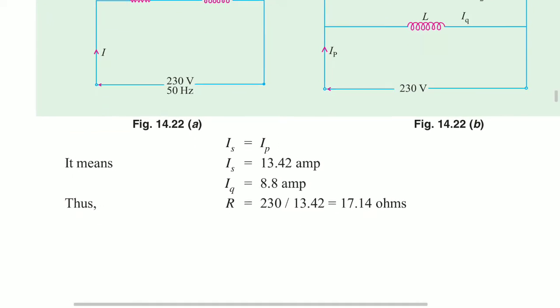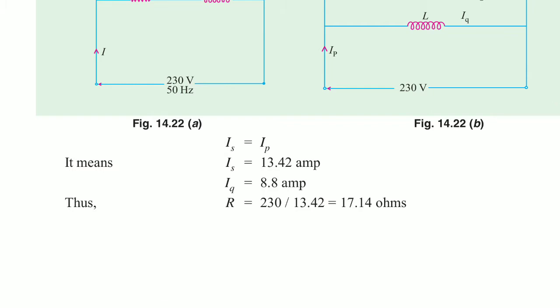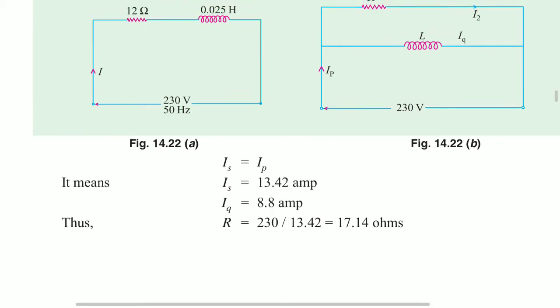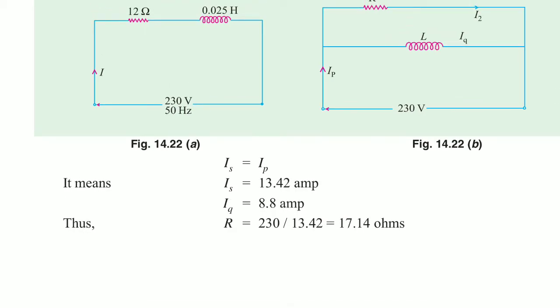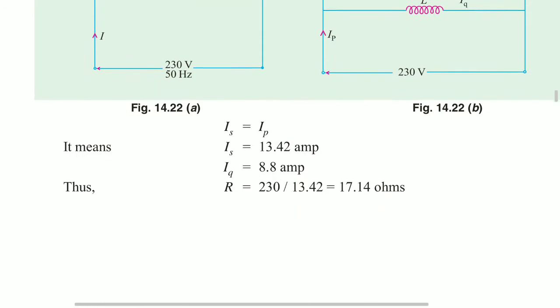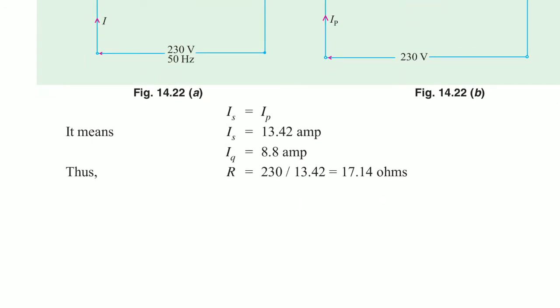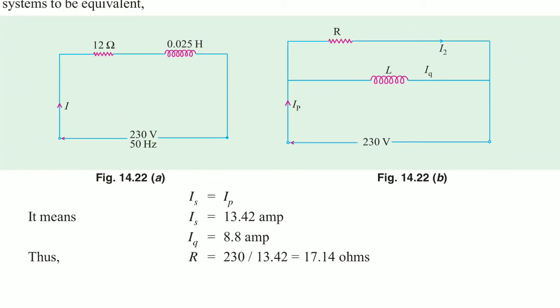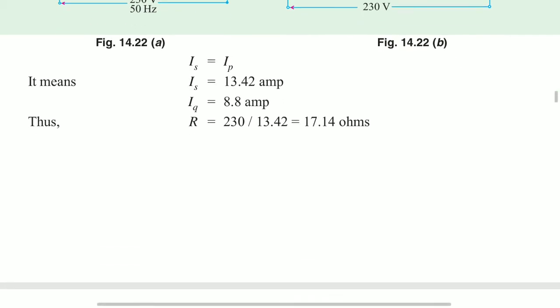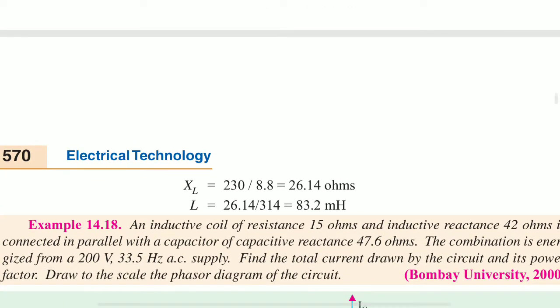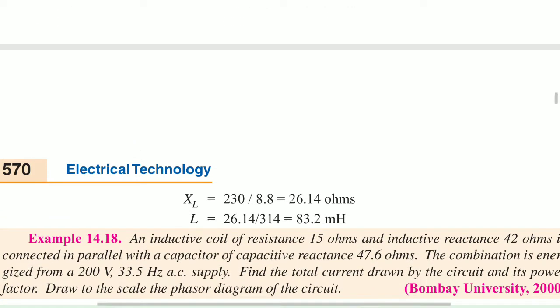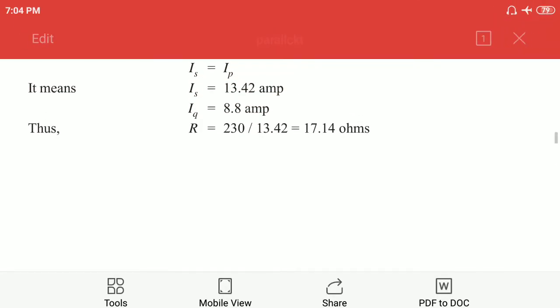Now R is equal to 230, that means voltage divided by current. So which current? I2 current. So that is equal to 230 by 13.42, that gives 17.14 ohms. And here IQ is already 8.8.